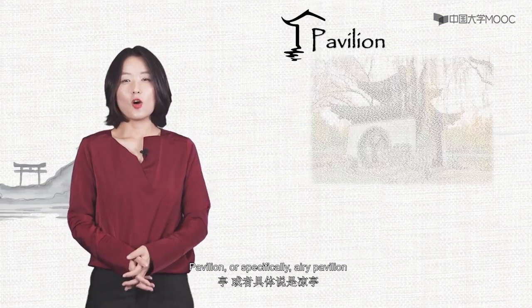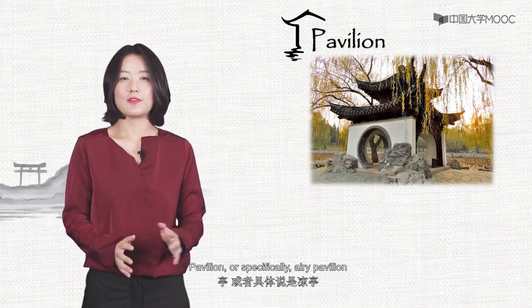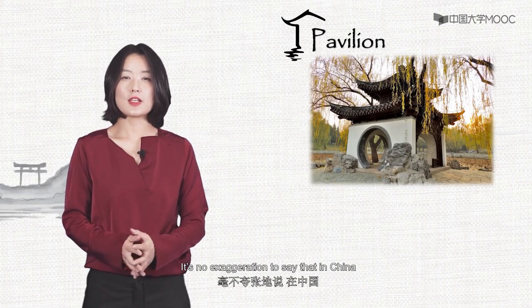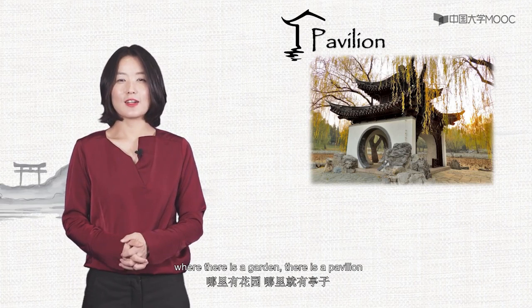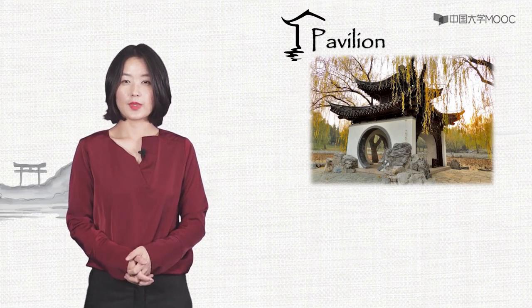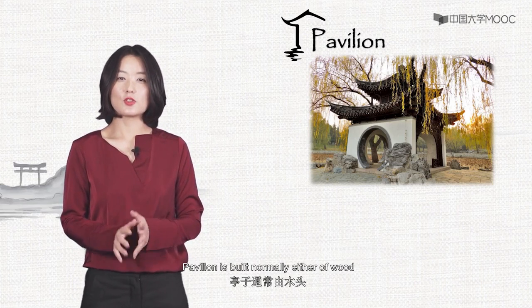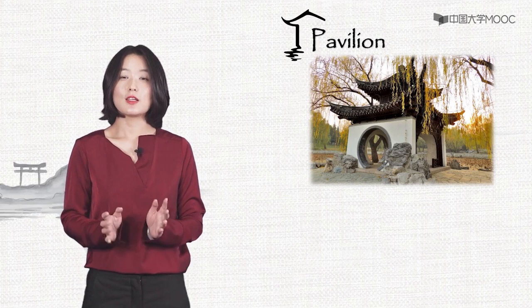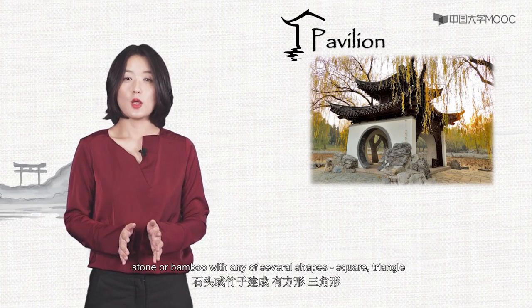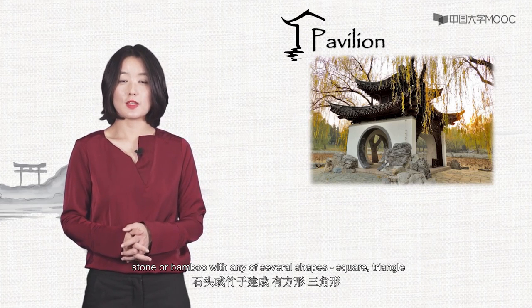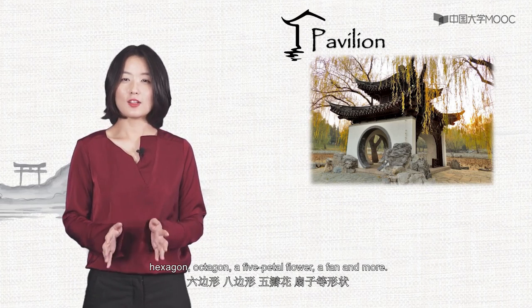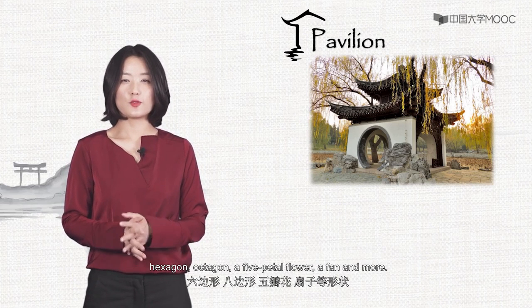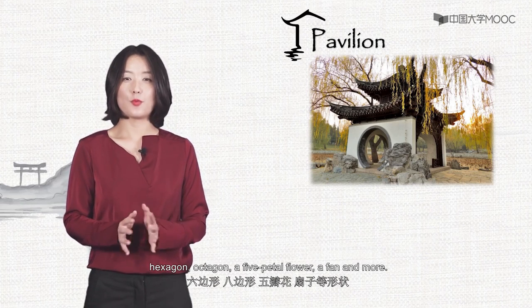Pavilion, or specifically airy pavilion, it's no exaggeration to say that in China, where there is a garden, there is a pavilion. Pavilion is built normally either of wood, stone, or bamboo with any of several shapes: square, triangle, hexagon, octagon, a 5-petal flower, a fan, and more.